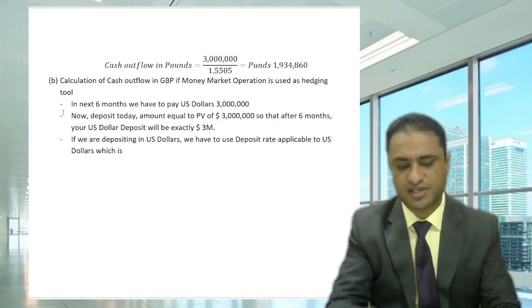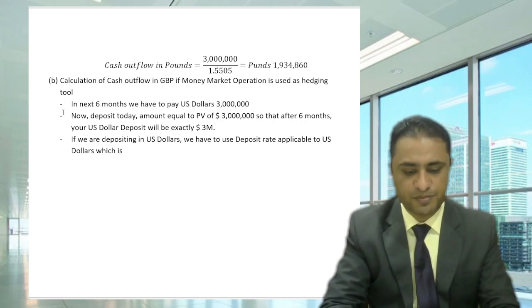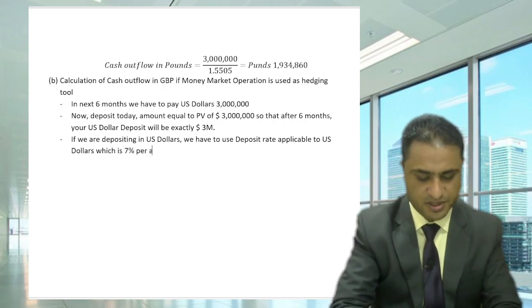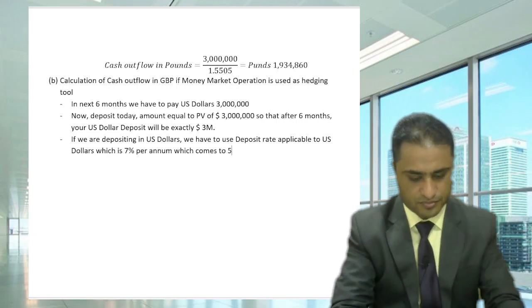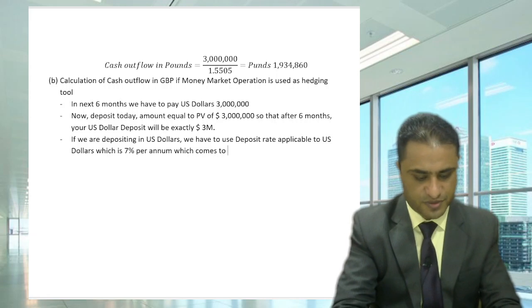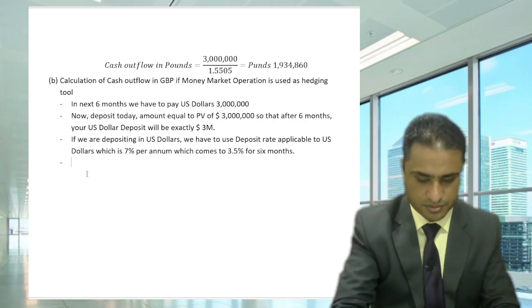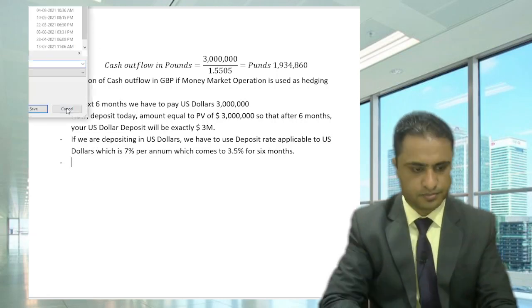If you are depositing the dollar, we have to use the deposit rate applicable to the US dollar, which is 7% per annum, which comes to 3.5% for 6 months.